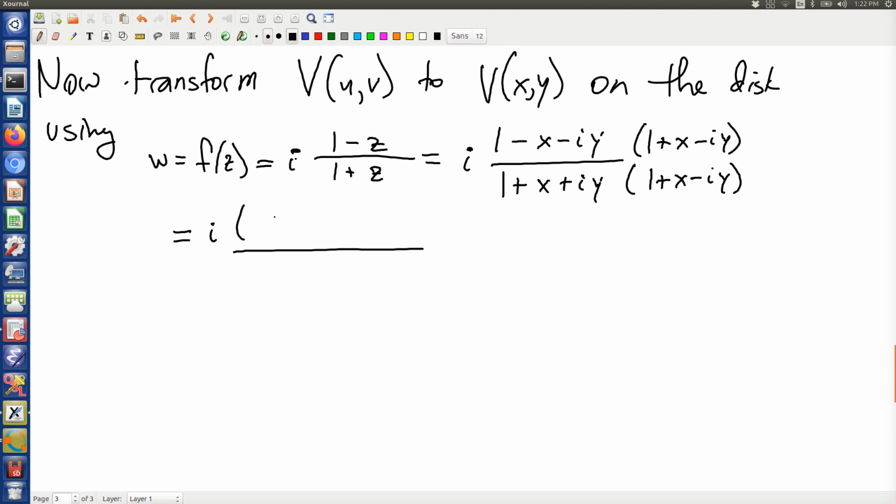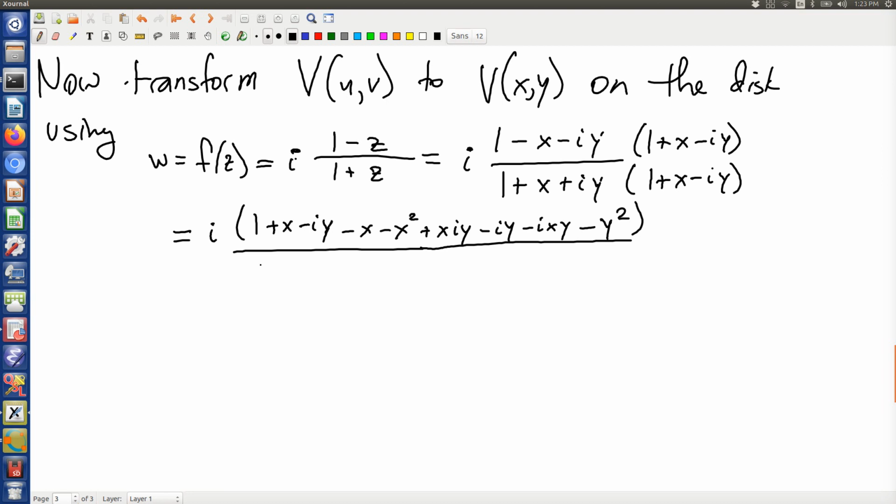So there's a lot of terms, but there's really not a problem, I guess. So this is 1 plus x minus iy minus x squared, minus x times minus iy, x iy, and then minus iy minus ixy, and two minuses is a plus, but i squared is a minus y squared, so that's the numerator.